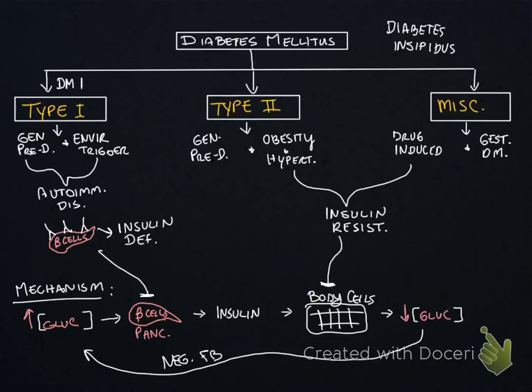But if it is interrupted either at this stage or at this stage, then there are problems. This pathway is disrupted, and glucose stays in the blood and concentrations go up, and it results in hyperglycemia.